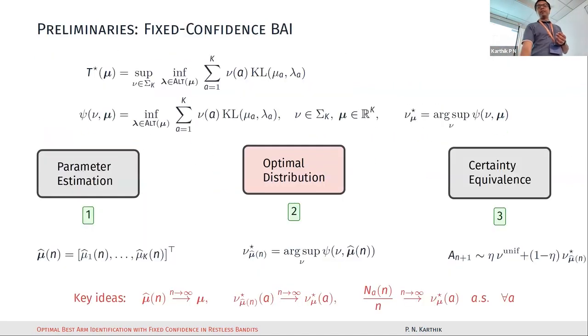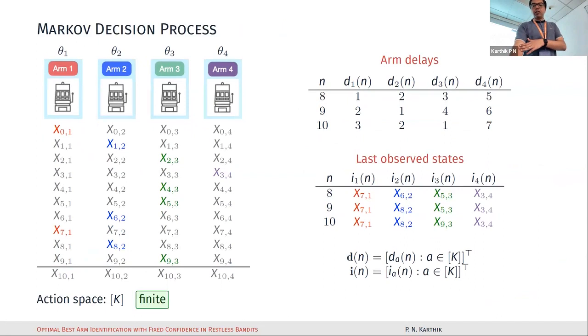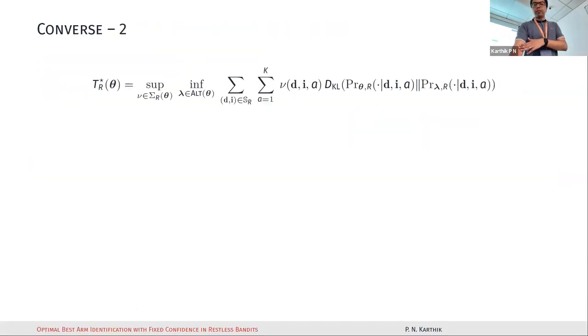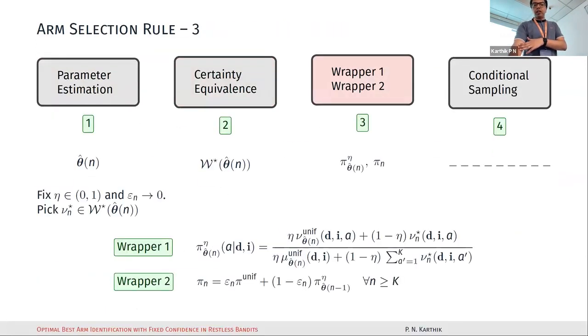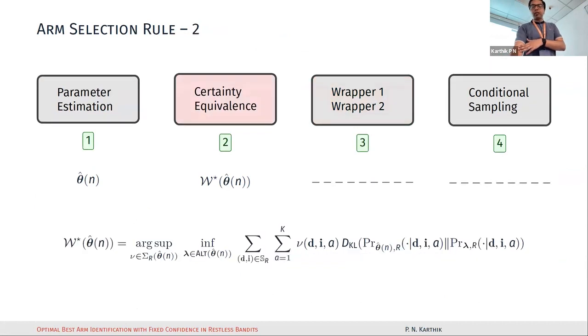So here you don't care about the sampling information. There are a lot of perhaps limitations of this work. One is the computation of this particular quantity, W star. At each time instant, I need to compute this W star of theta hat n. Computing W star theta hat n will actually involve solving this particular sup inf optimization at each time step.